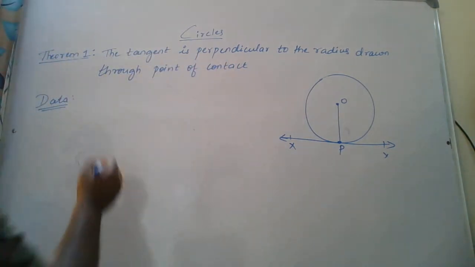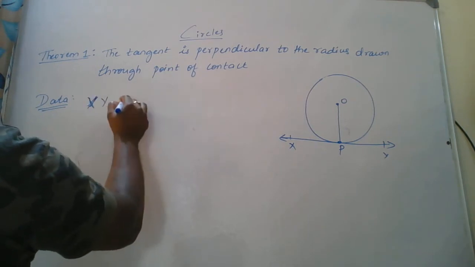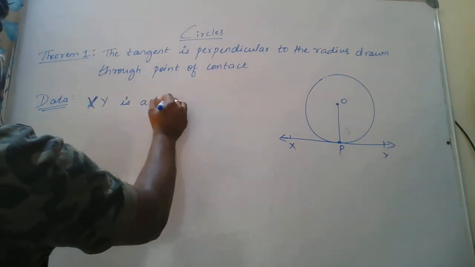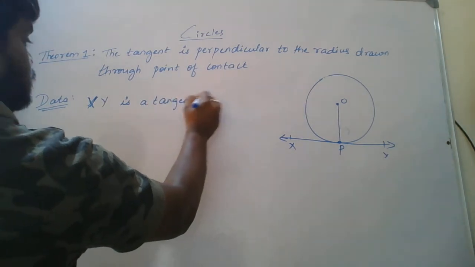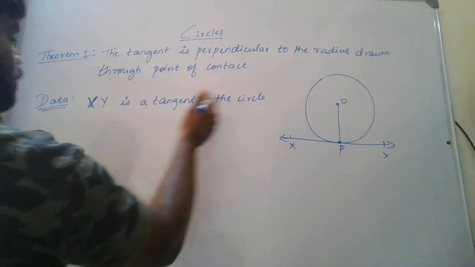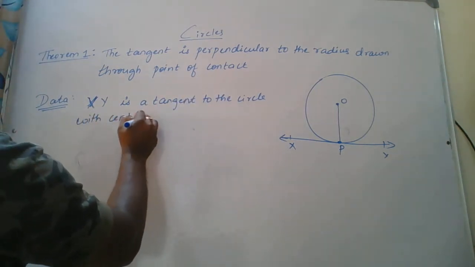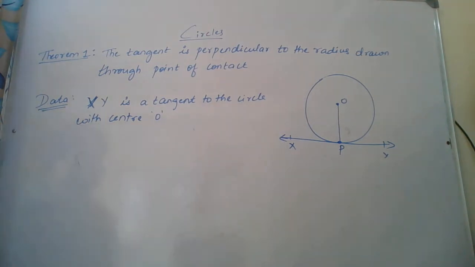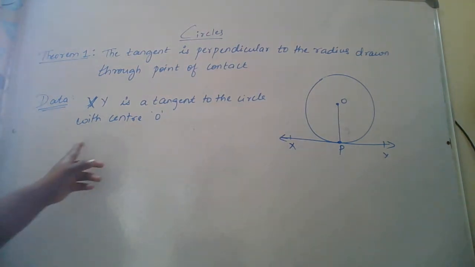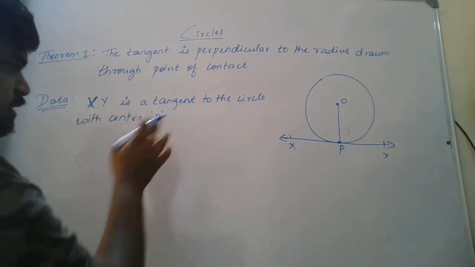So XY is a tangent to the circle. Whenever we write circle, we mention its center. XY is a tangent to the circle with center O. P is the point of contact. If you want, you can write it. Okay. This is the data.